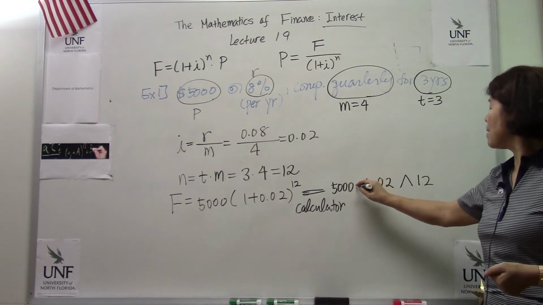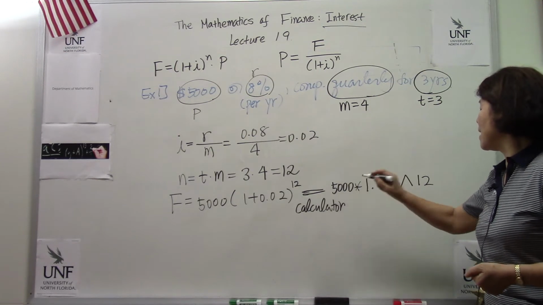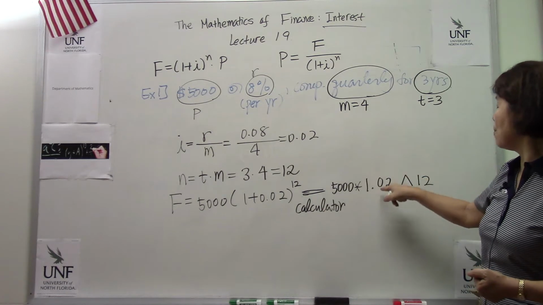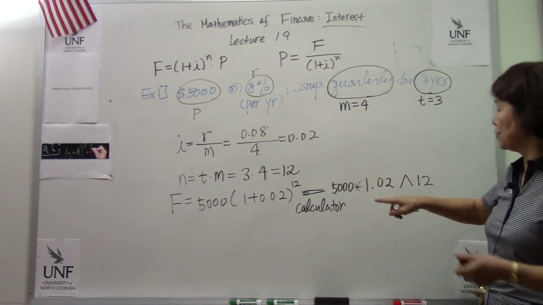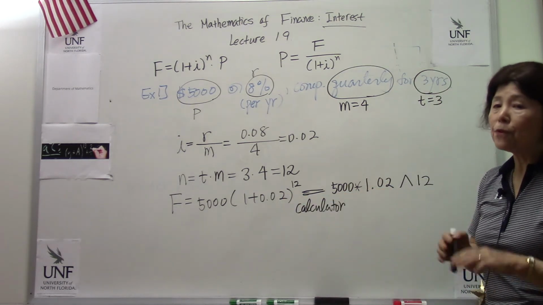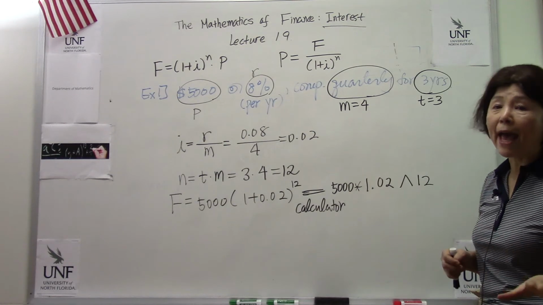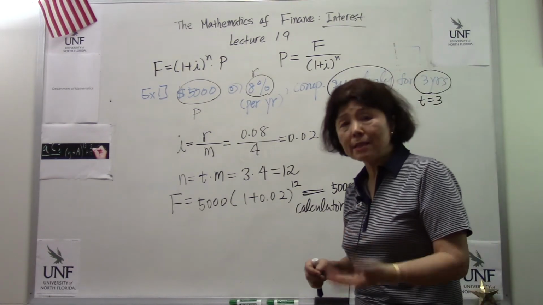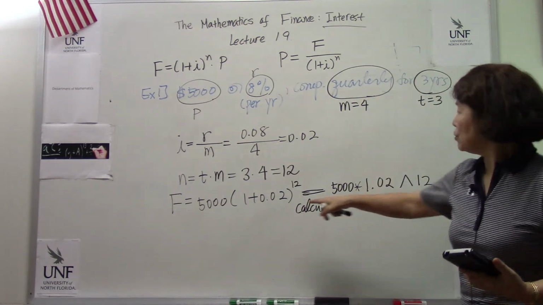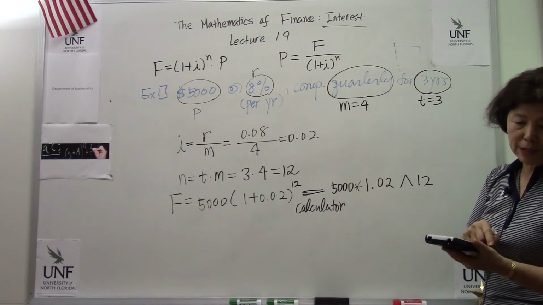If you put it this way, times, the power is only applied to 1.02. So that makes less use of parentheses. If you skip parentheses, either you are going to have a very wrong answer, or it's going to give you a syntax error, so you waste time. So I want you to compute this and then do this, okay? So how much is that?